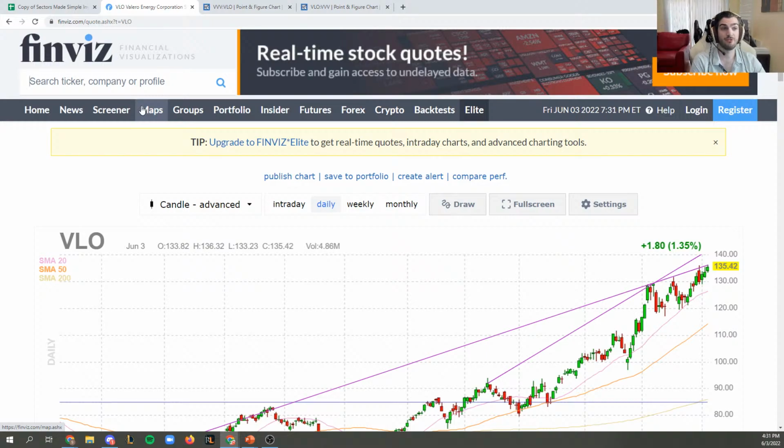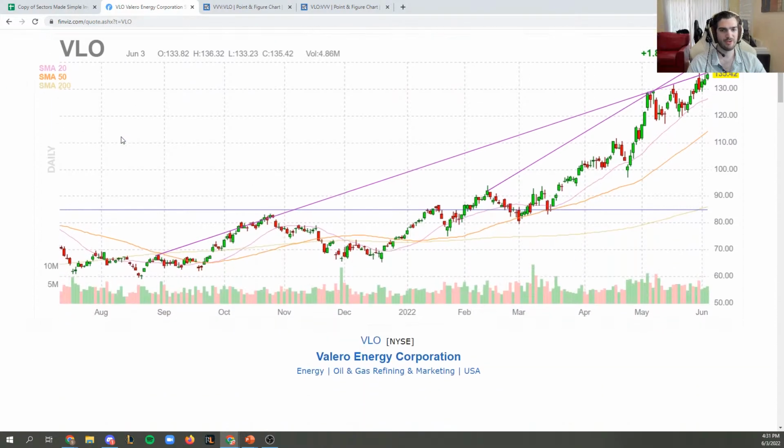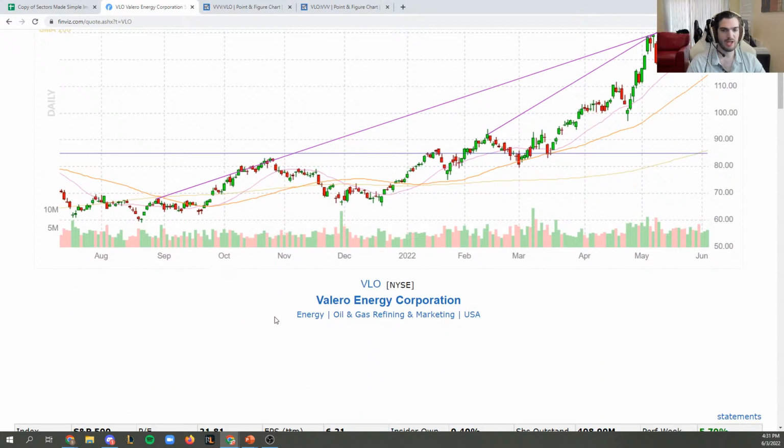Use relative strength. Because we were doing this example already, let's continue with Valero. If you look up the chart on FinViz and scroll down, you will end up finding its sector, which is the energy sector, and its industry, which is refining and marketing.